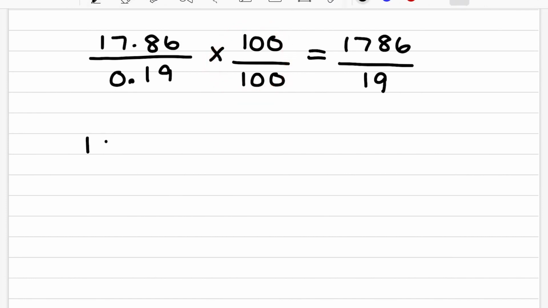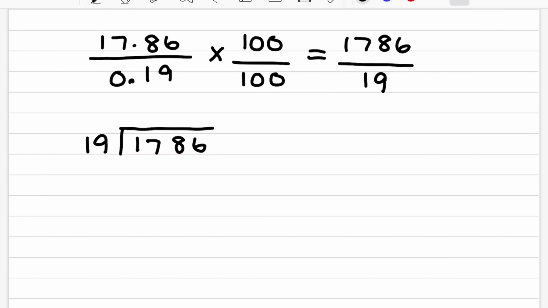So how many times does 19 go into 1,786? Okay, how many times does 19 go into 17? 0 times, so we're going to have to go to 178. And again, we can use estimation.